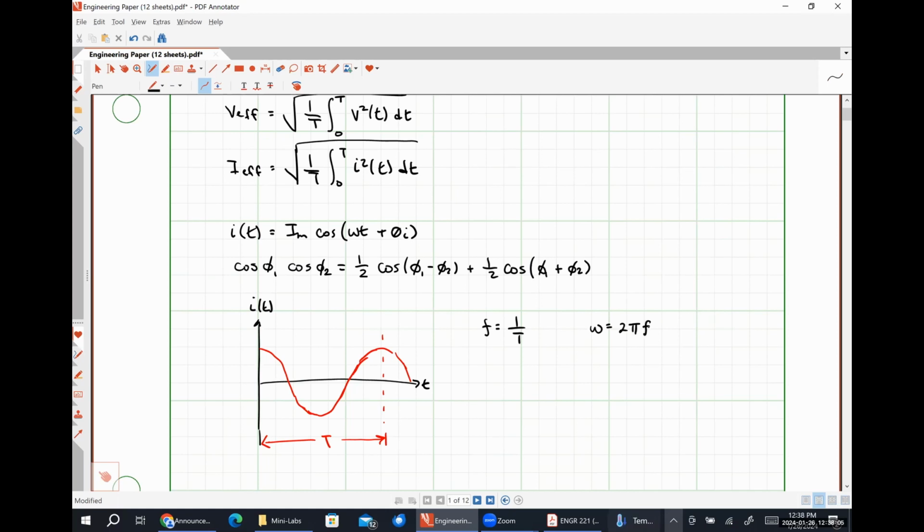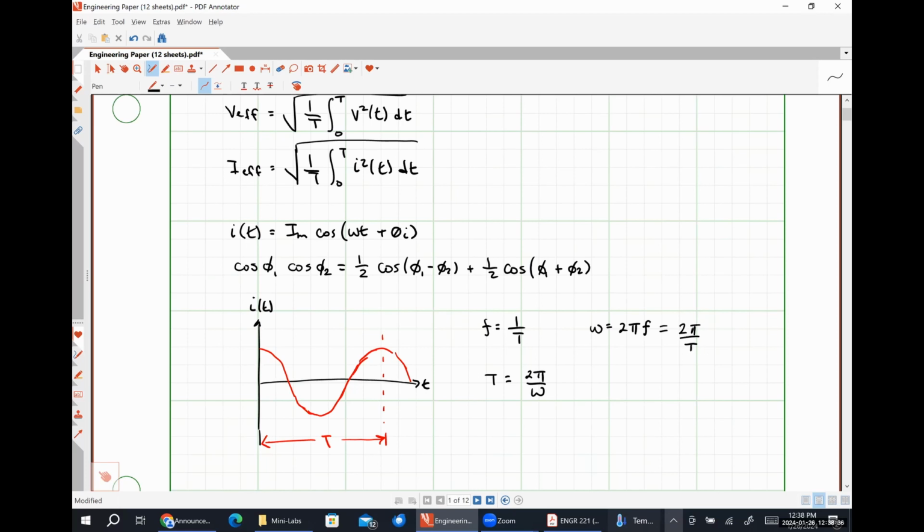So if we put those things together, we find that T is equal to 2 pi over omega. Sorry, I've got a headache and simple algebra is making my brain not want to work. Yeah, 2 pi over omega.